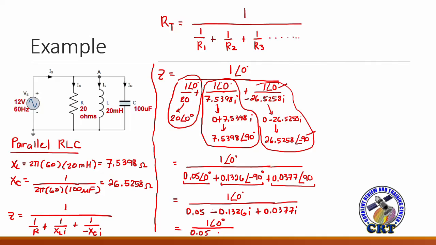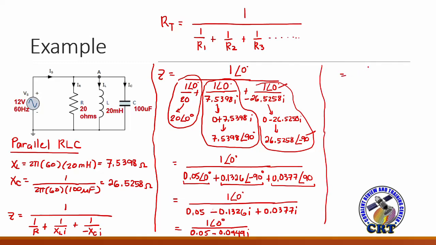Then let us perform negative 0.1326 plus 0.0377. That is for the imaginary part, and this is equivalent to negative 0.0949i. Okay, so let's bring the solution here.